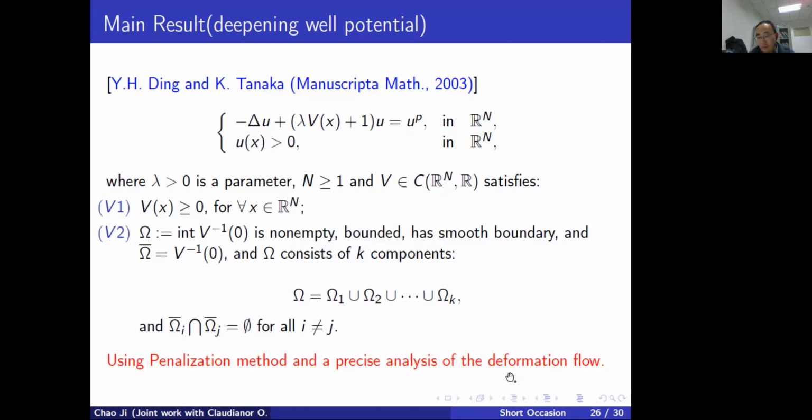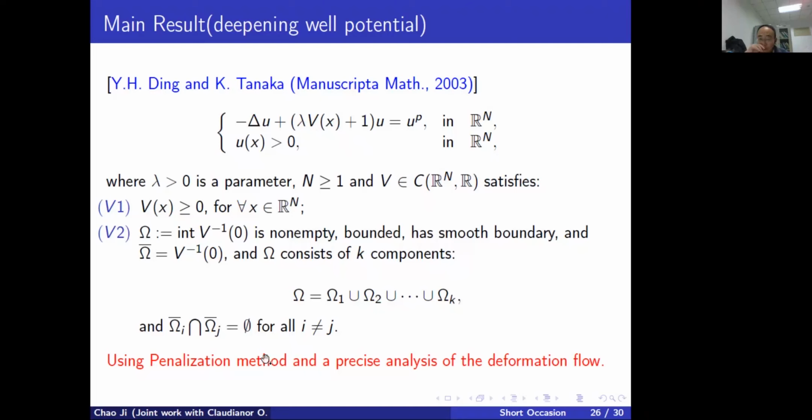They looked for a solution on a special set by using the deformation flow. In order to overcome the lack of compact embedding, they used the penalization method due to Del Pino and Felmer.